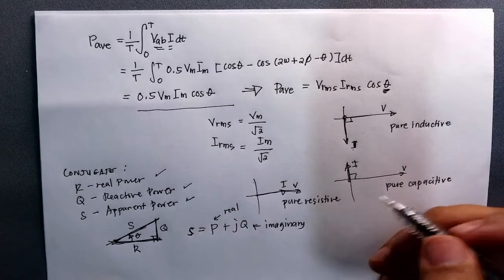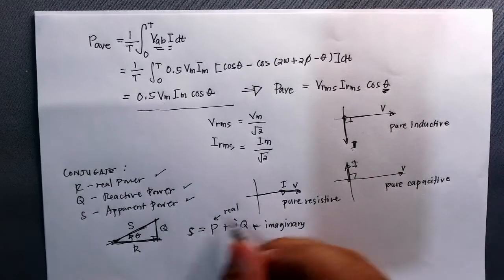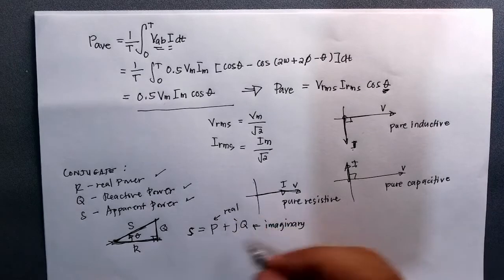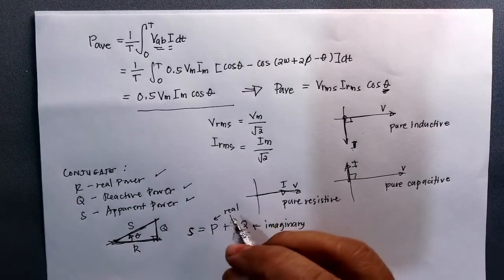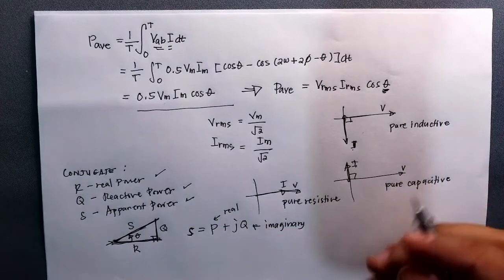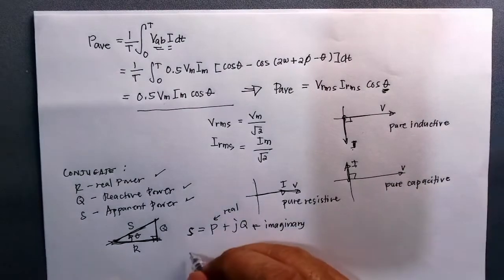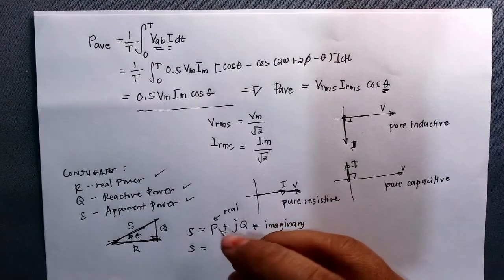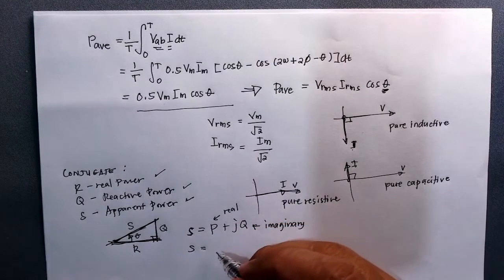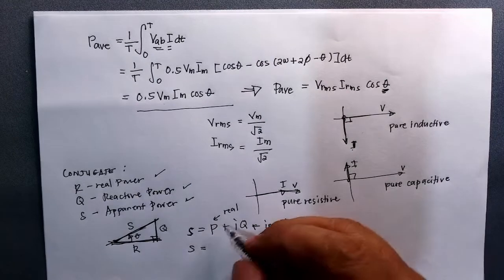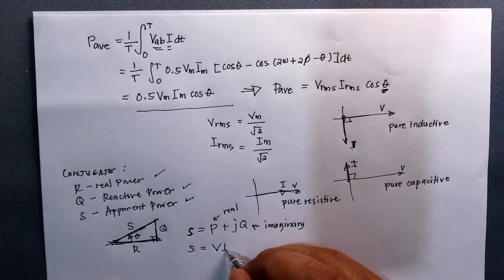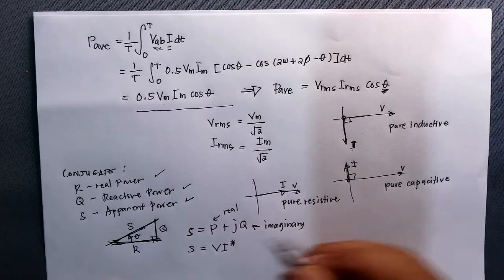Okay, so therefore if you can represent it in rectangular form, you can also have this in polar form, and that is actually S equals V I conjugate. This is where we introduce what we call the conjugate, V I conjugate.